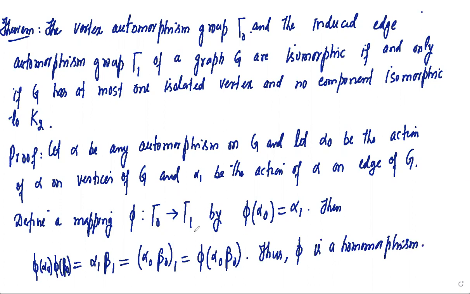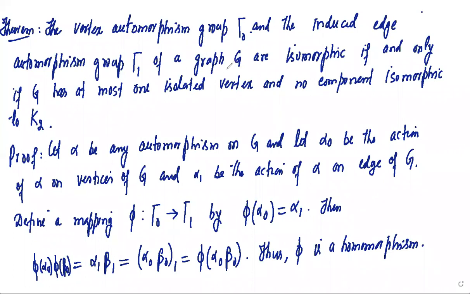We need to show that this pi is an isomorphism. For showing that, we will show that it is one-one.